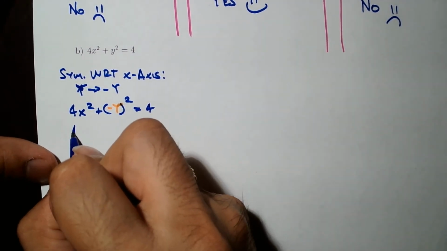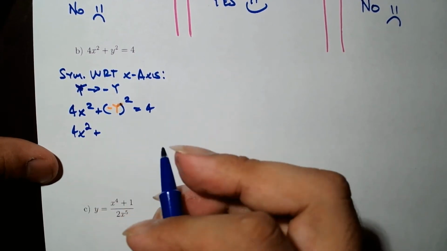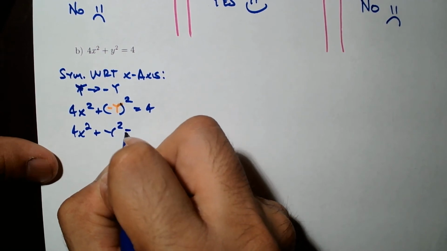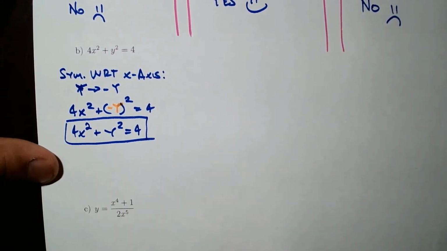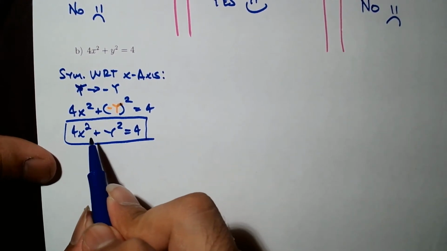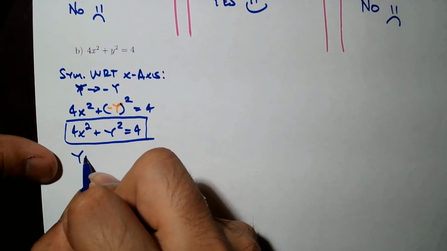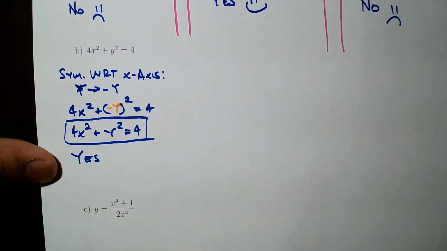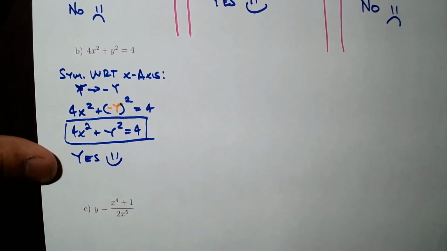So that's going to give us 4x squared plus negative quantity squared. It's going to give us also positive y squared equals 4. Compare the equation that I've just boxed with the original one, and in this case we obtain the exact same equation as the original. So yes, it is symmetric about the x-axis.